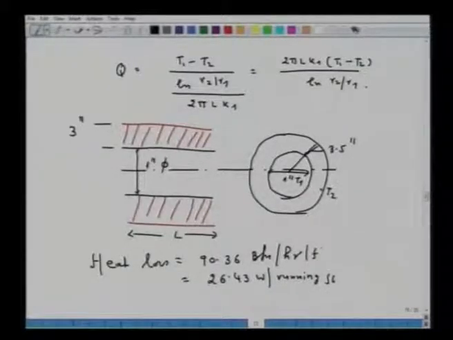BTU per hour per running feet. So that is how you can solve this particular problem.